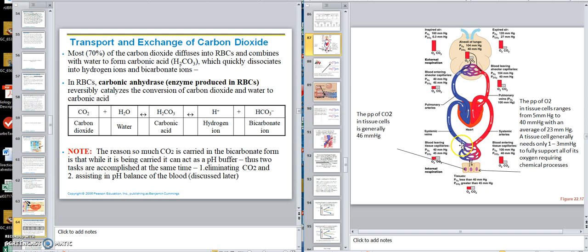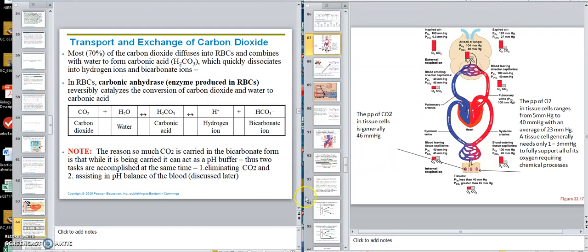I'm going to come into here, coming from the tissue cell, and put it as a 45. Okay, now I'm in that venous side, and I'm going to go into the heart with a 45. But you see here, I'm a 45, but coming from here, I'm a 40. So I go from a 45 partial pressure to a 40. So that's what's happening here.